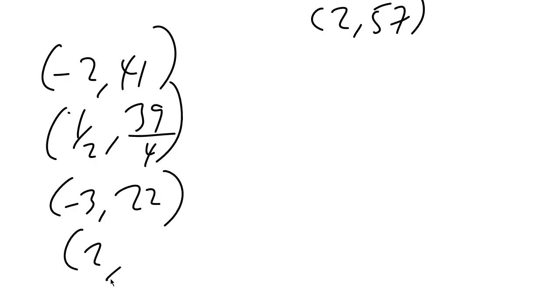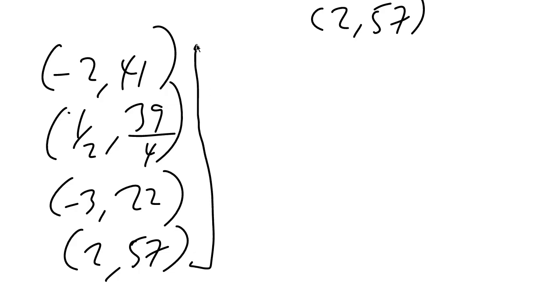And the last point, 2, 57. So the question is, within these 4 values, which one is the lowest? Are you following? Is 22 the lowest? No. Check well, because 39 divided by 4 is what? 9.75. So this is wrong.